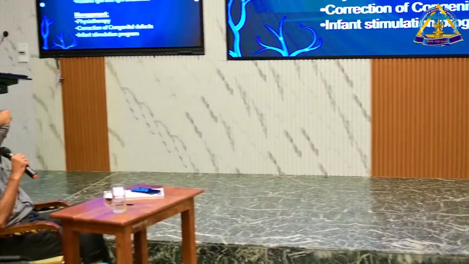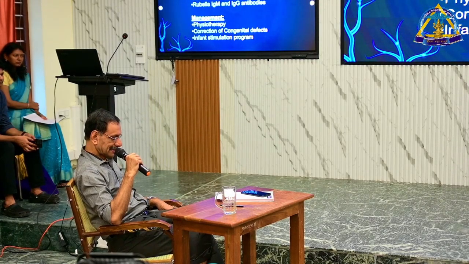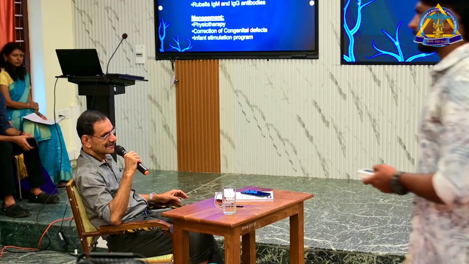Because it is a quadriplegic child, it can never be on its own. So with the help of an assistant or the mother or whoever it is, the child may be trained to do some of the EDTs. And if the mother asks what is the chance of my next child having this, CP is not a heritable condition, so it's unlikely.